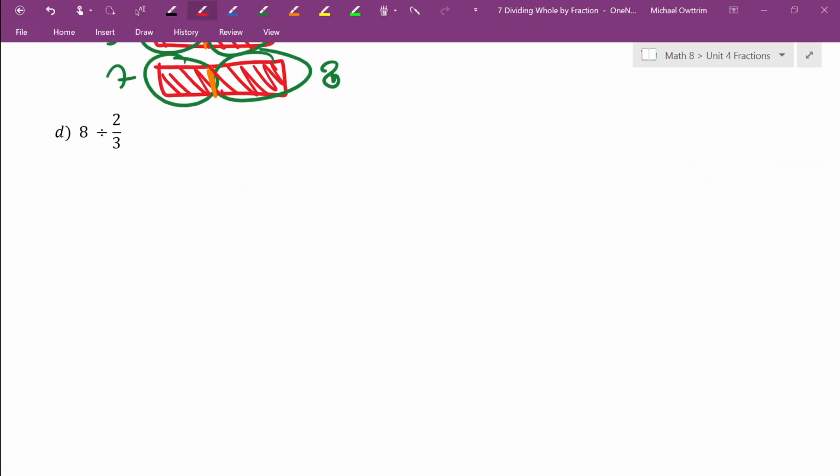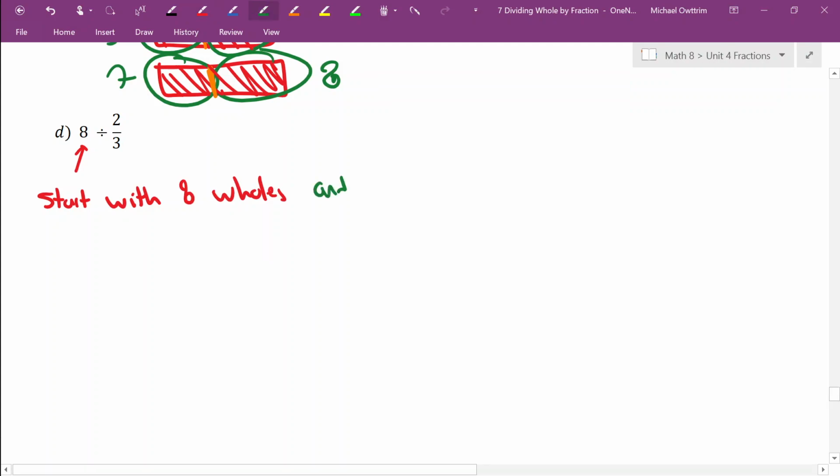Here we're going to start with 8 wholes. And we're going to split up into groups of 2/3.